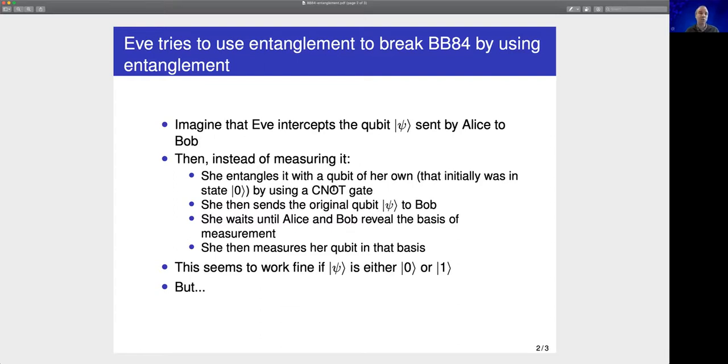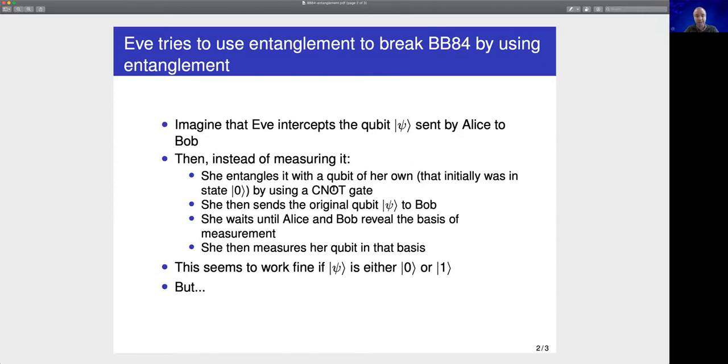She waits until Alice and Bob reveal the basis of measurement, and then uses that same basis to measure her own qubit. So this is a possible attack.